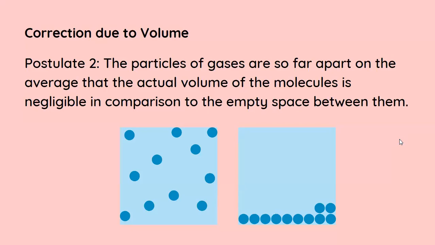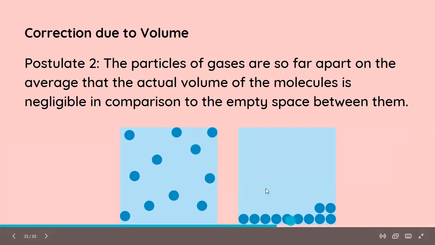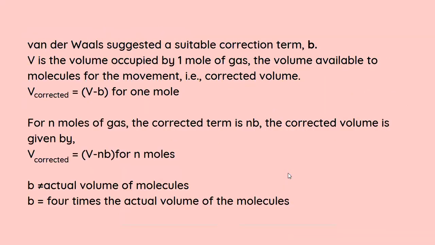So first of all, let's just go over that postulate. Here we have the condition of the gas, and it's clear that the volume of the gas is negligible compared to that of the empty space in between them. But that was an issue.